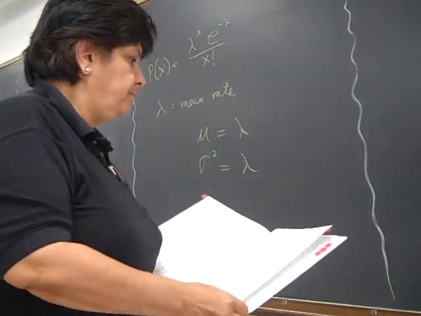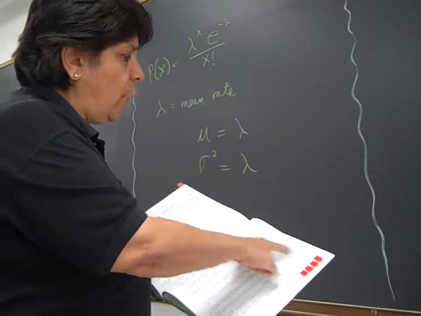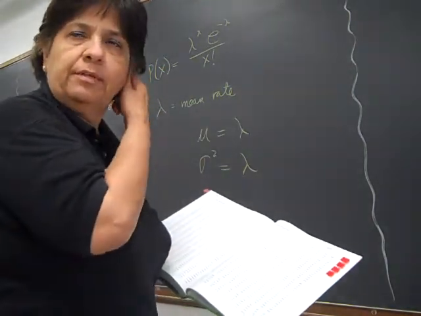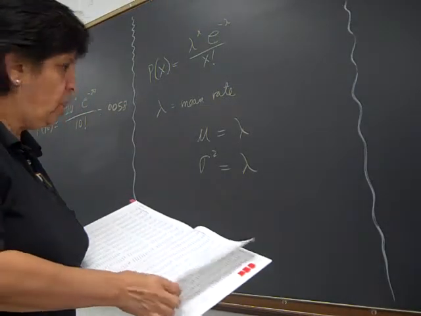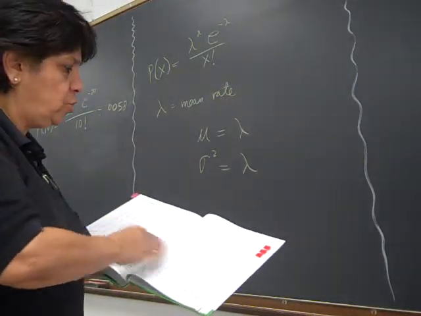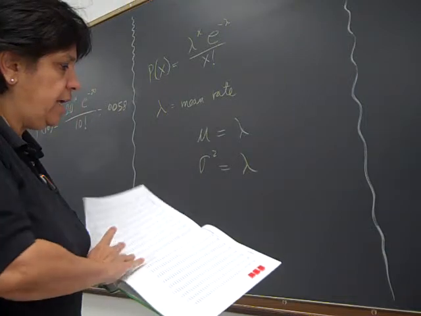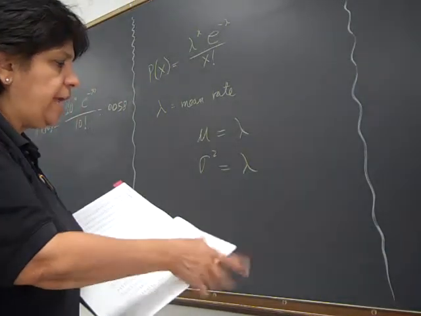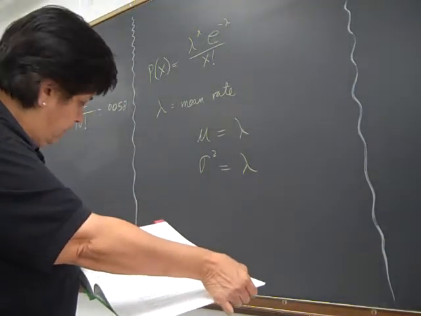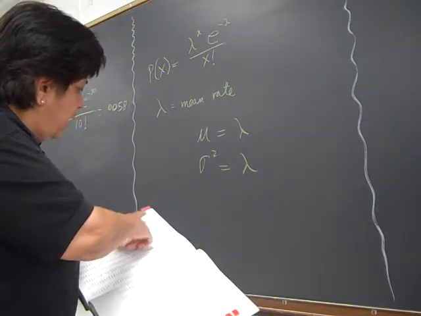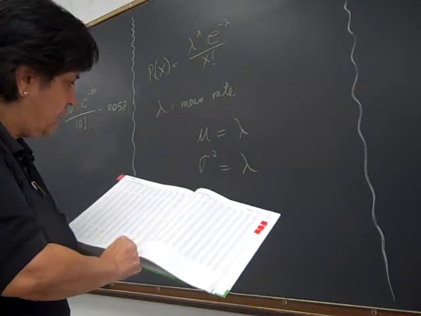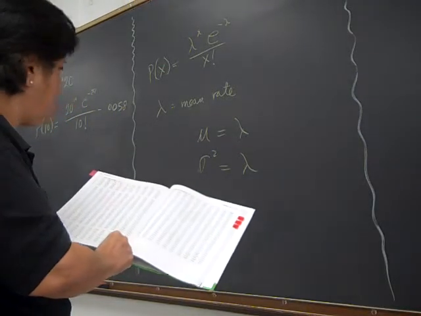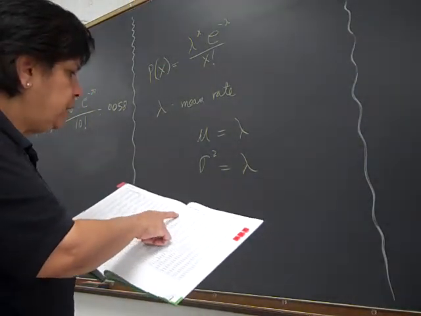Over here on the top, in the bold numbers, you have the lambdas. So I have to look for lambda equal to 20, and that is on page 857. It starts on 856 over here. This is my 20.